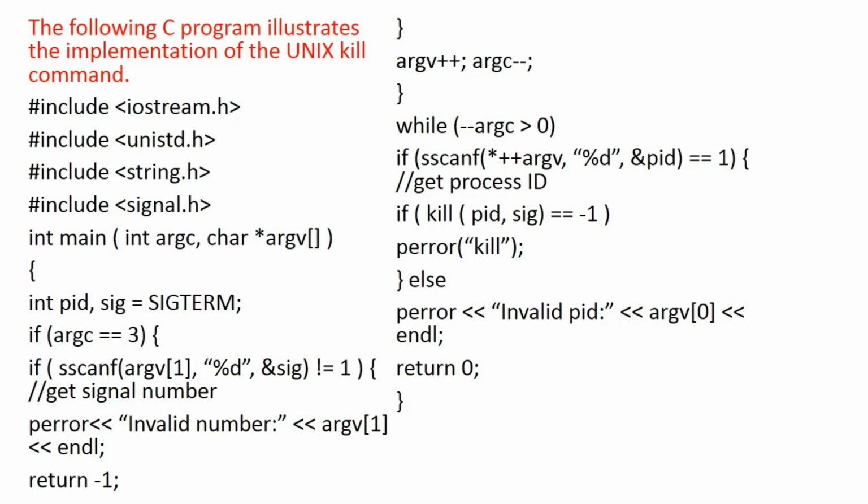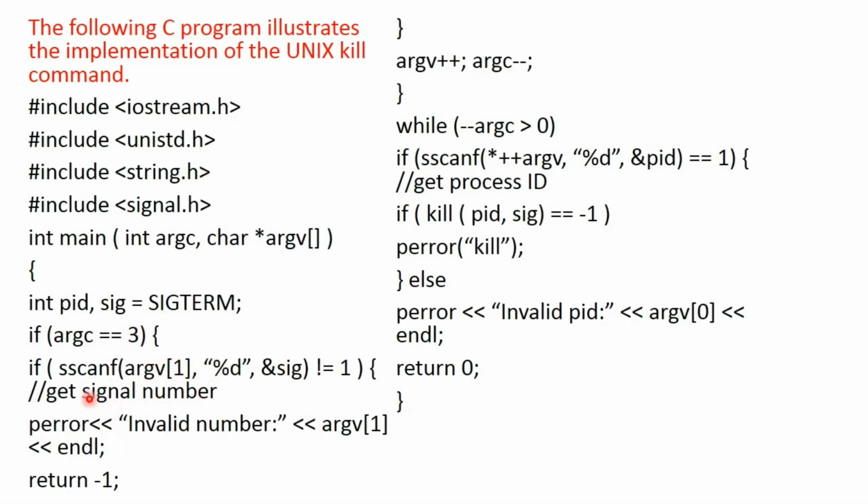The following C program illustrates the implementation of the Unix kill command. You are implementing the kill command by calling the kill API. First you need to define all the header files and then the main function with the command line arguments. You have to give arguments in the command line as the input. First you declare an int PID and sig, and assign sig equal to the SIGTERM signal.